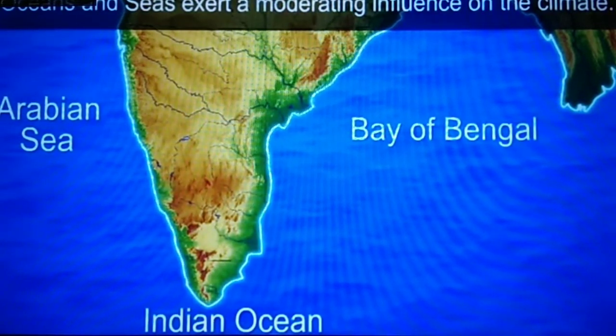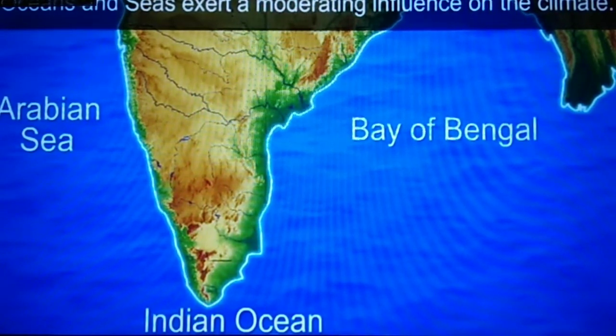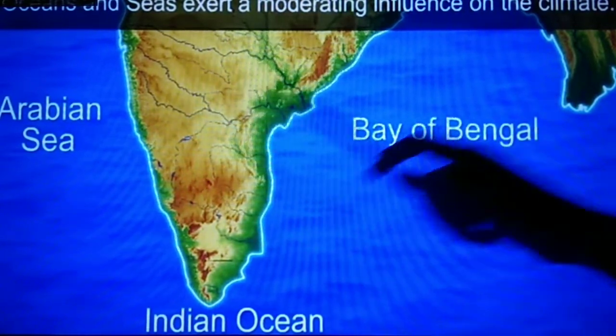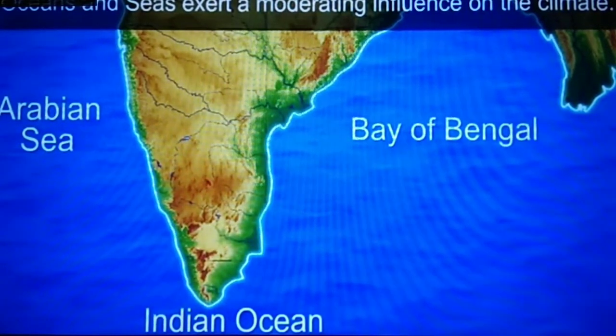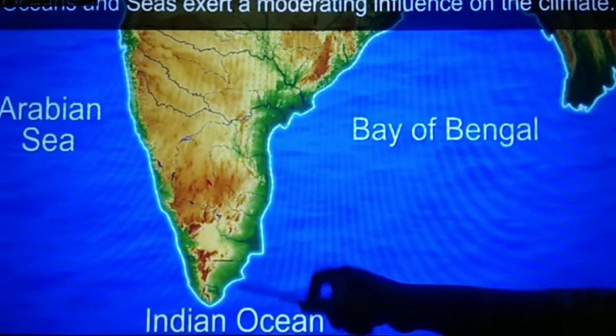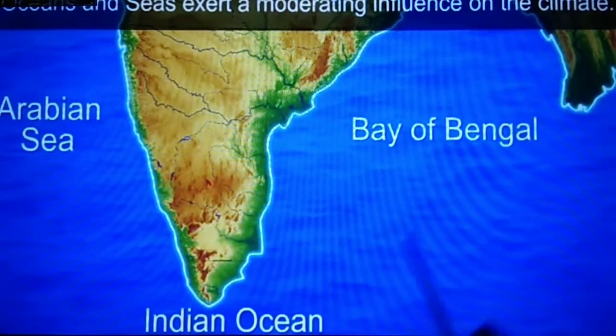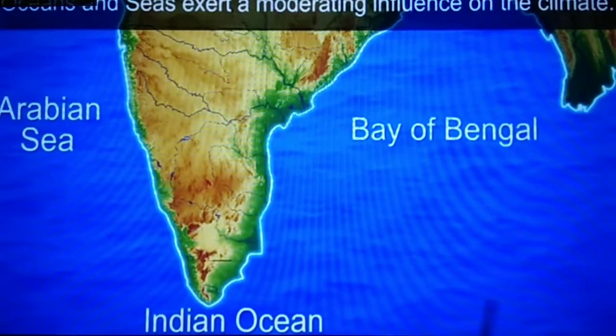That's the reason it is able to bring heavy rainfall to the whole of India. An important point is that due to the nearness of the sea, the coastal area enjoys a moderate climate, and that is also due to the land breeze and sea breeze.